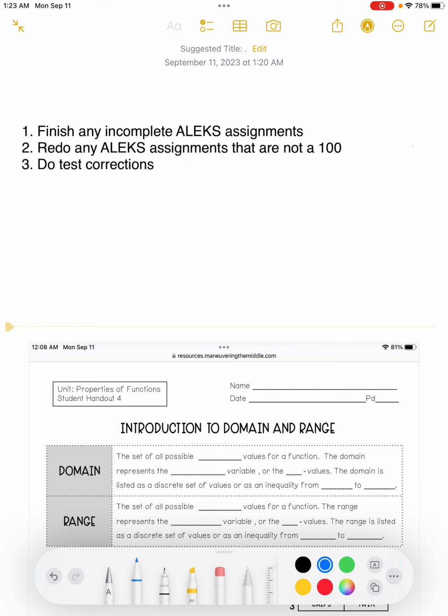But that's basically it. You do it on a piece of paper, you tell me the question number, you show me the work, I go, cool, you know how to do it, so I'll give you the points back, and I'll update your Canvas scores. Alright, if you have any questions on test corrections after that, just send me a Canvas message. I'll try to explain it in more detail, but otherwise, let's get started. That way you don't have to watch a whole long video, like the last couple ones.